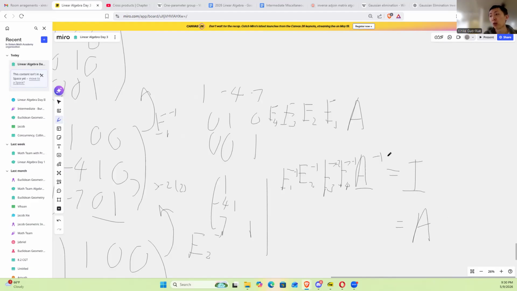Well, we haven't proven it's the inverse, but if you substitute this in, you'll just get the identity.